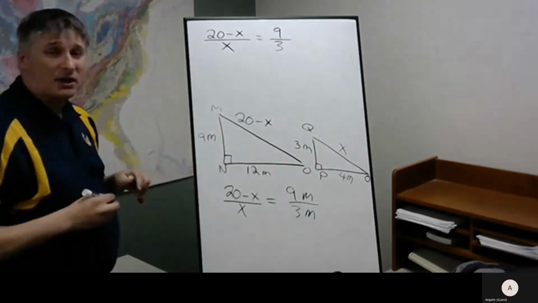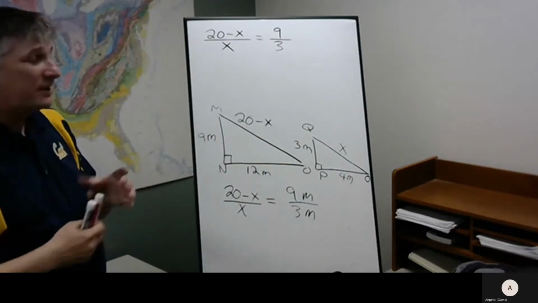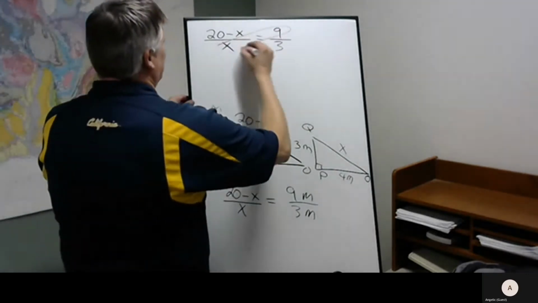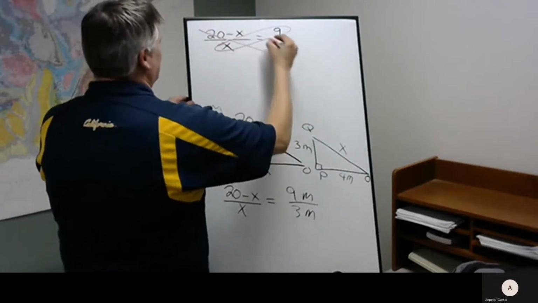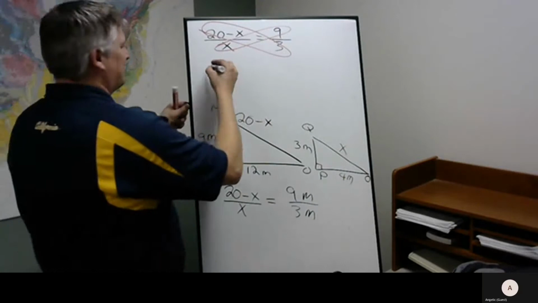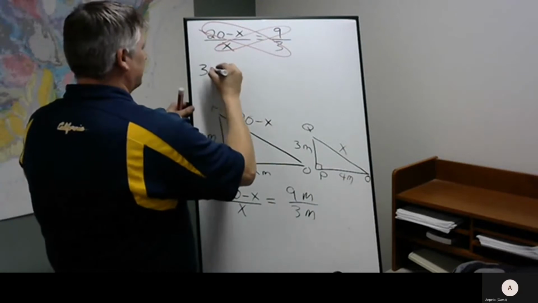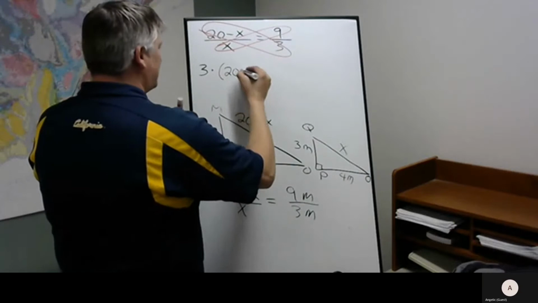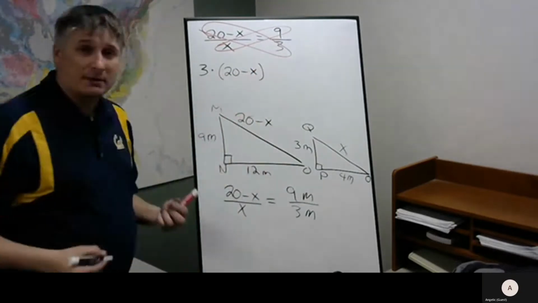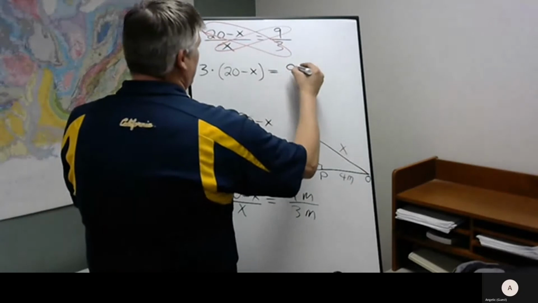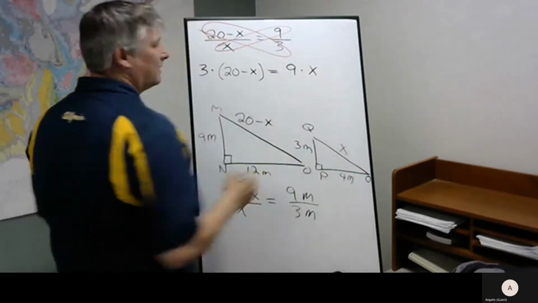And leave the units off. So again, we're going to cross multiply. Now this one's a little tricky, or trickier. This is 3 times the entire quantity, 20 minus x. And this is going to be 9 times x.